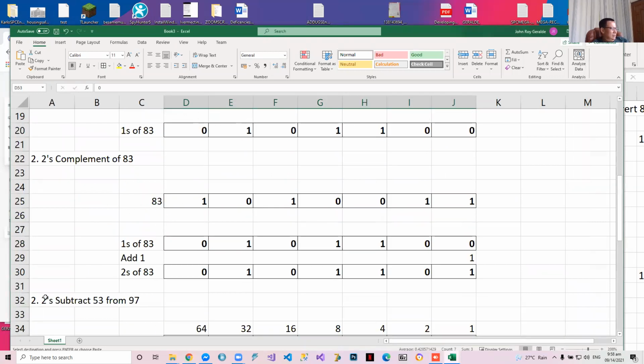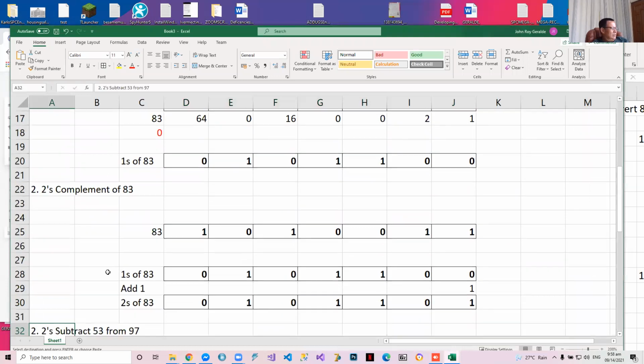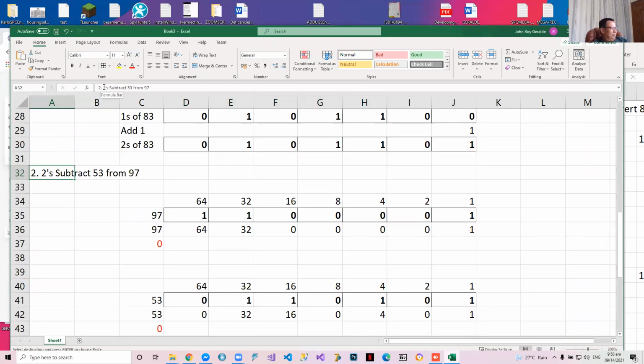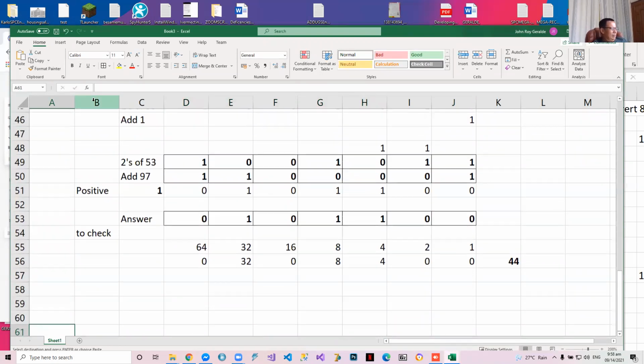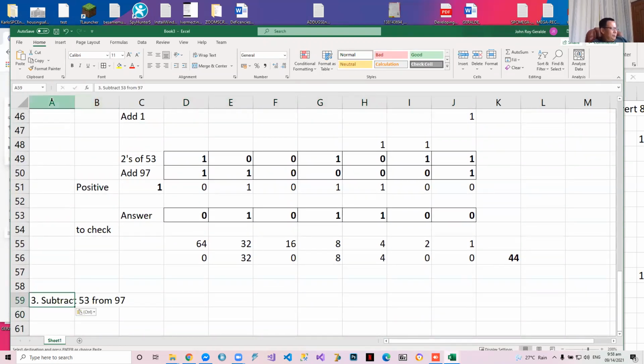Okay. This is 3 pala. Number 3. So we'll have number 4 as the reverse. No? We can just copy and paste this. No? We will have the same answer. No? Only the sign is opposite.